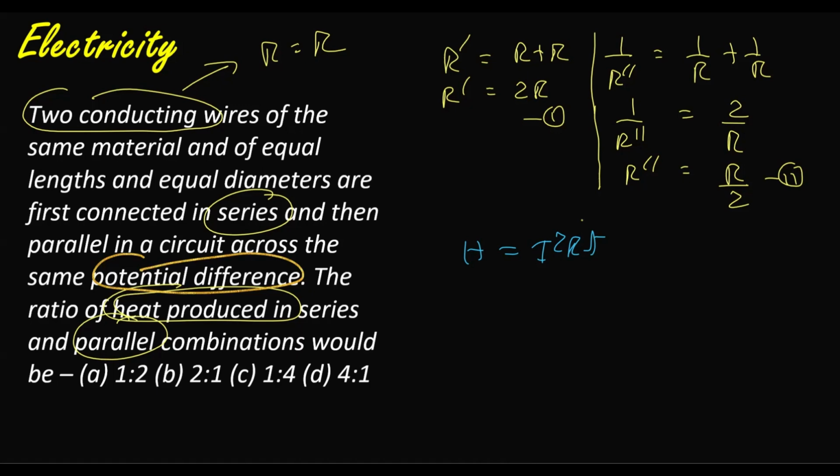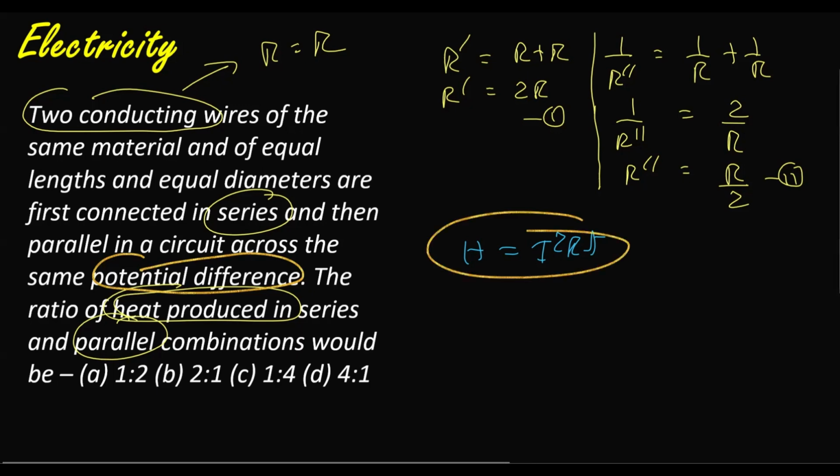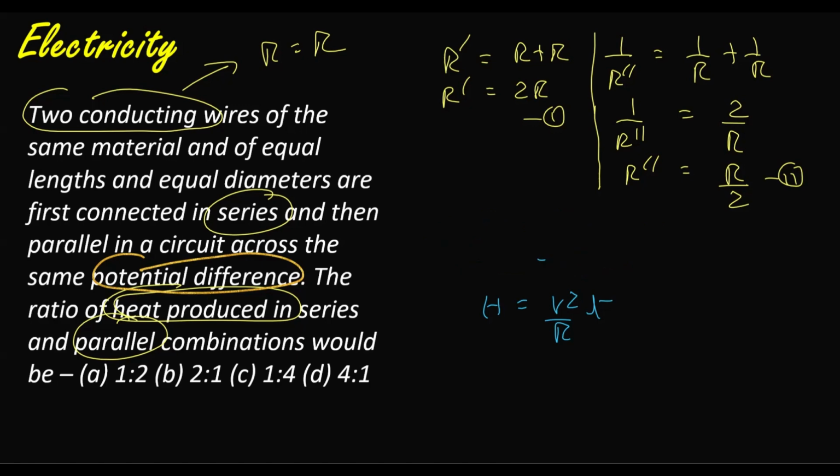So we cannot use this. Instead, using substitution, H is equal to V square by R into T. This is what you should remember, that we can use this relation when the potential difference across the circuit is same, right?